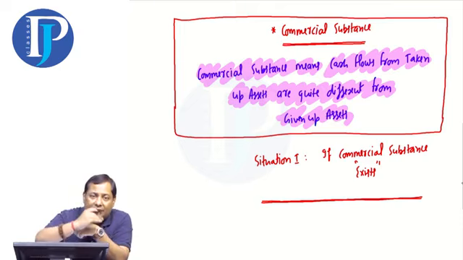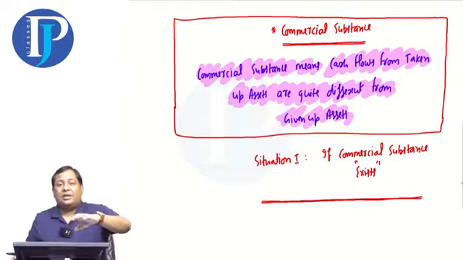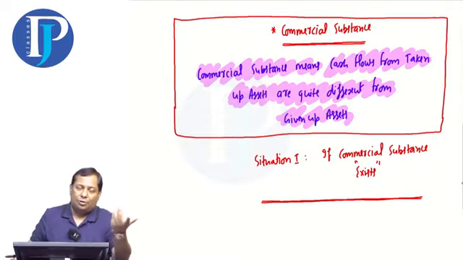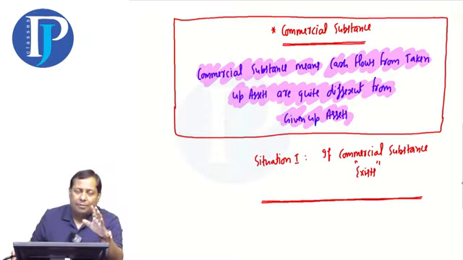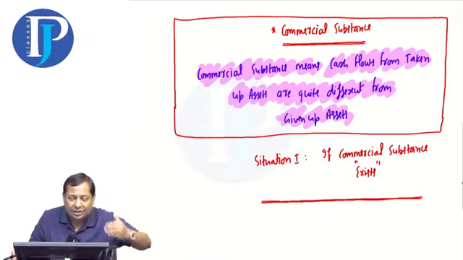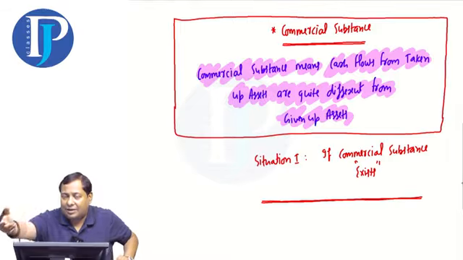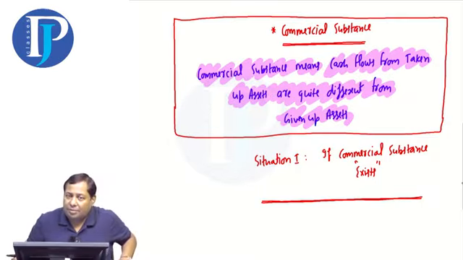Suppose you are buying any new asset, and in exchange you are giving your old asset. The benefits of both of them, in the form of cash flows, because when you use any asset, you will receive its benefits in the form of cash inflows. So the cash inflow from the asset being received is different from the cash inflow from the asset that is given up. Therefore, it means that commercial substance exists.